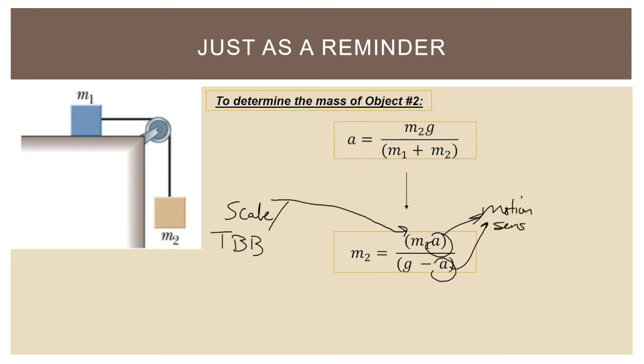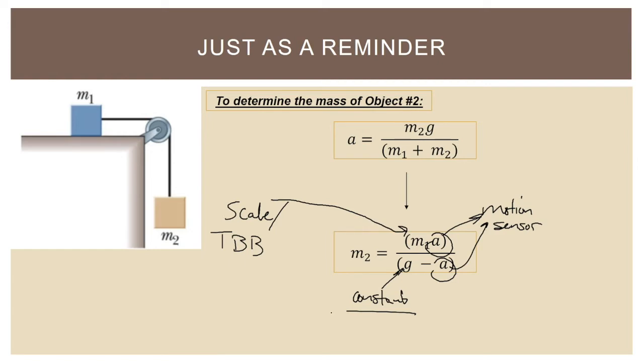And so really, if you just take a look at the equation, and you, of course, remember that any constants in there you're just going to use the number for, the variables in the equation that are not constants are the variables you need to measure. And if you know you can use a motion sensor to measure acceleration, or if you know you can use a scale or a triple beam balance to measure the mass of an object, then you're in business.